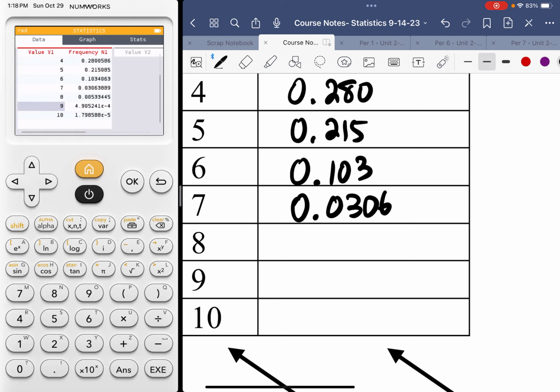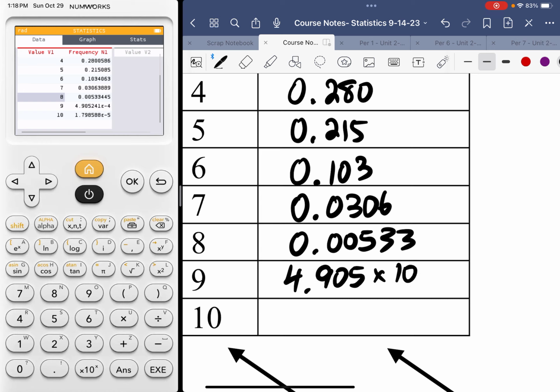All right, a couple more. The 1.7. That would go to 99 times 10 to the negative fifth, right?